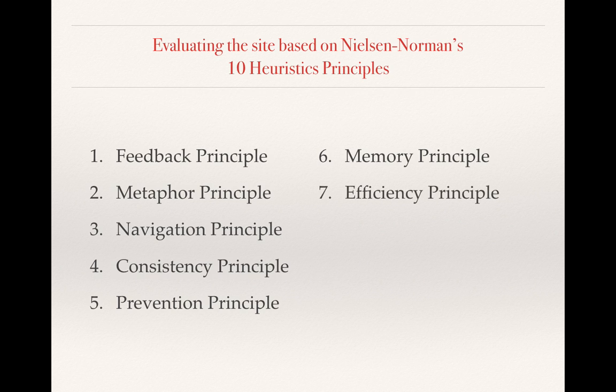Efficiency principle is, does the site offer things that speed up the process? Another one is, does it allow shortcuts? For example, can they use a keyboard to navigate it? Another example is Amazon's buy now with one click offer, where you can just buy something versus clicking on it and it takes them right to their shopping cart. Next is design principle. Design principle is basically making sure the design of the website is aesthetic, minimalistic, and not distracting.